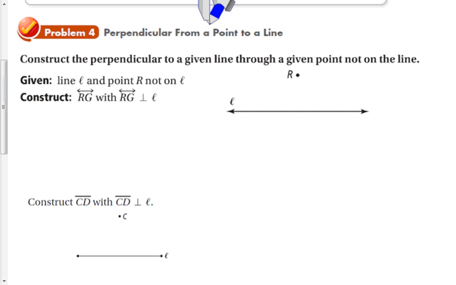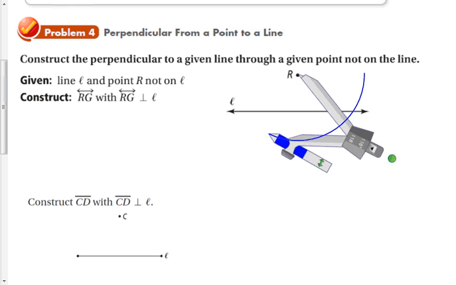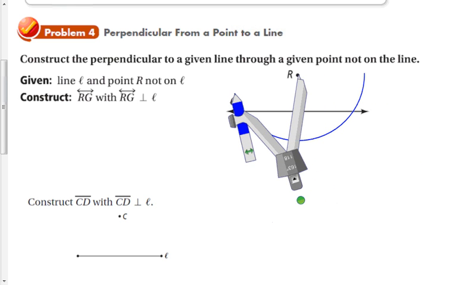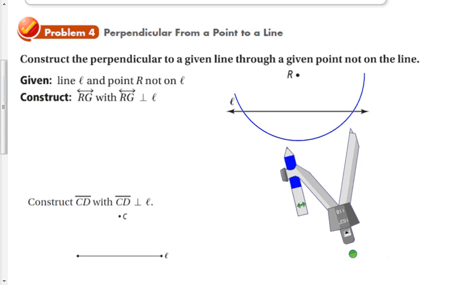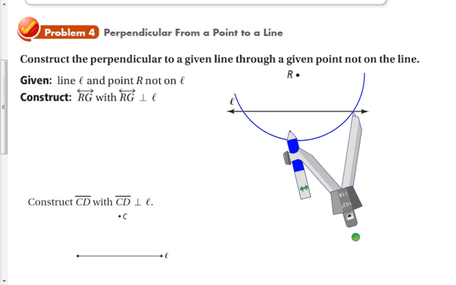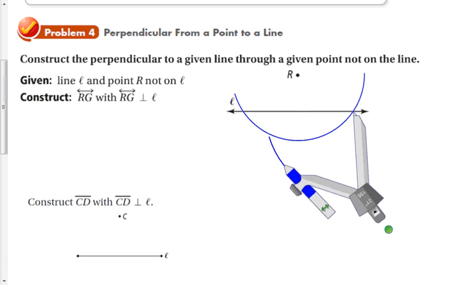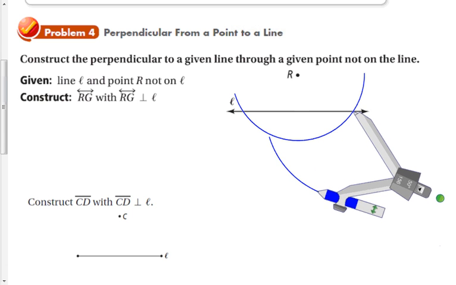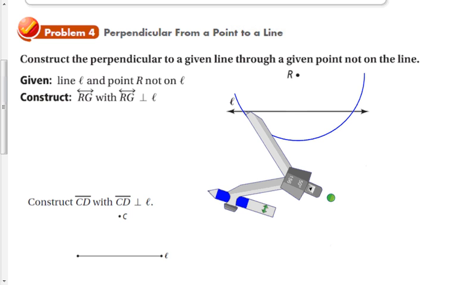And we're going to just put our compass on point R and open it up, and draw an arc, and actually I'm going to continue this arc all the way around. Okay, and then I have 2 points that are equidistant from R. Now I can use those 2 points to draw an arc that is equidistant from both of those points on that other arc.